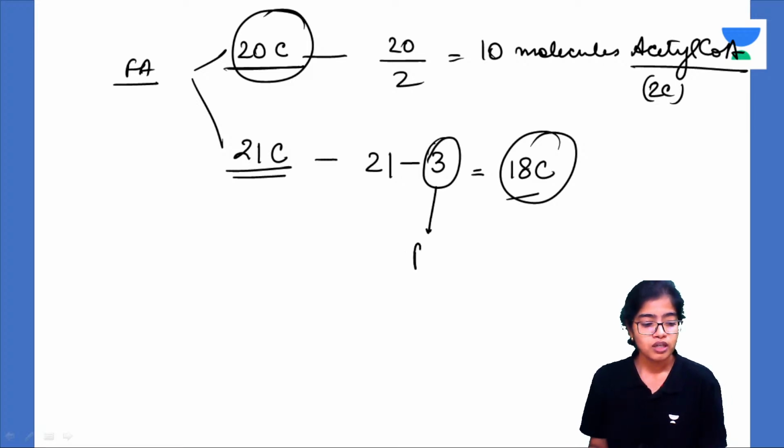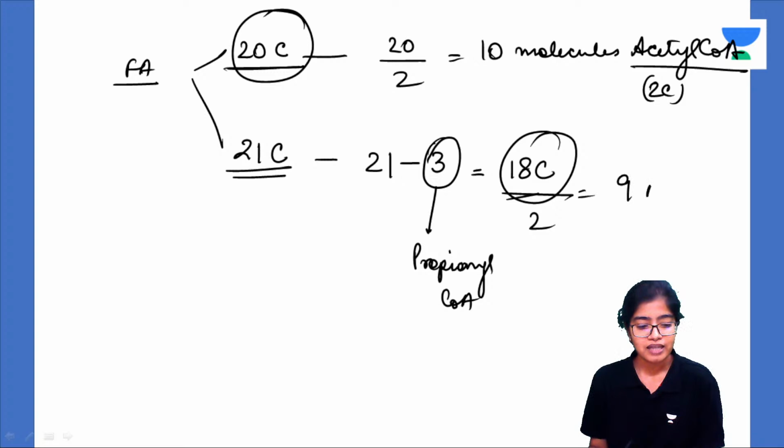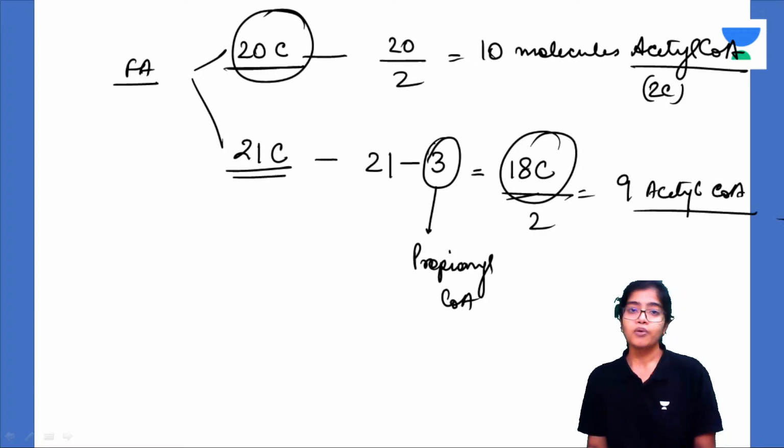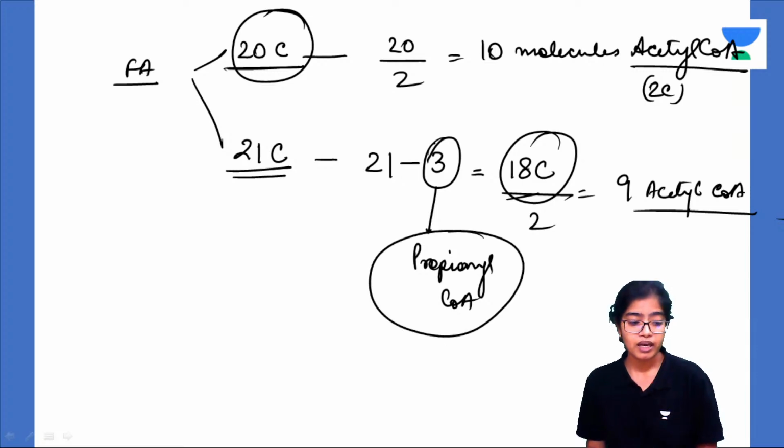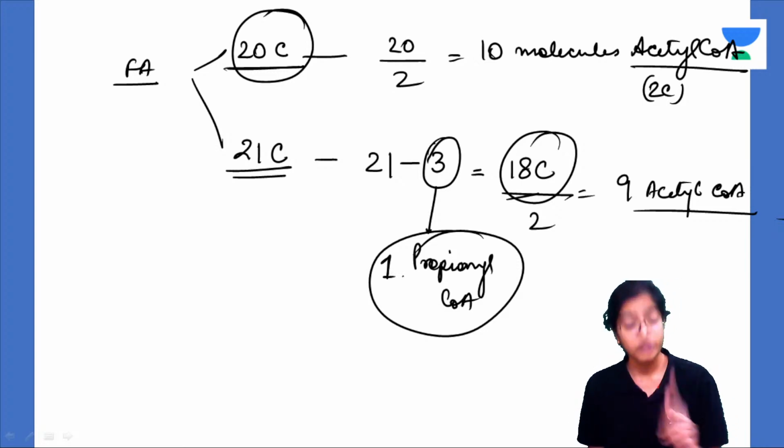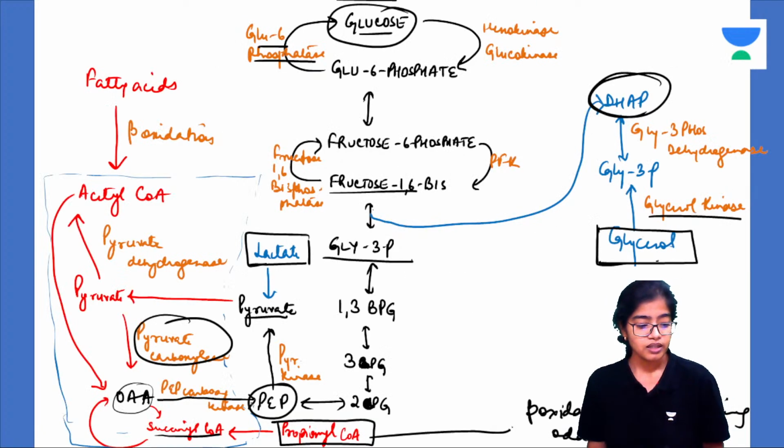Now this is a propionyl-CoA molecule, and 18 divided by 2 will be 9 acetyl-CoA molecules formed. Got it? So this propionyl-CoA molecule will then enter gluconeogenesis. Understood?